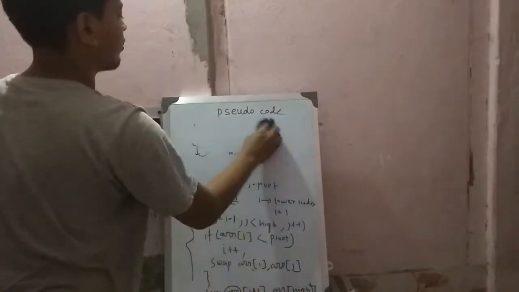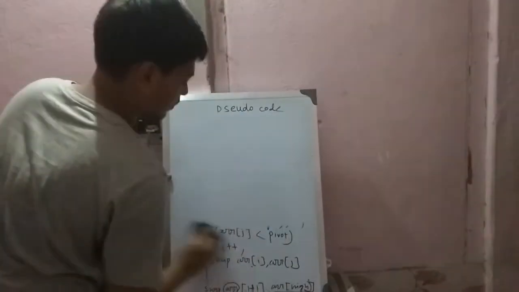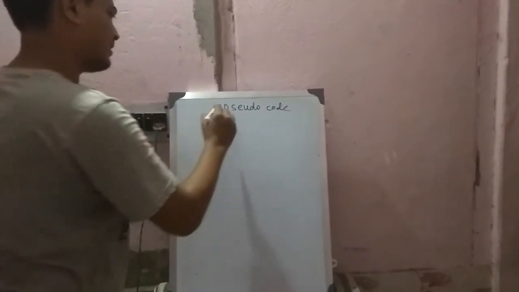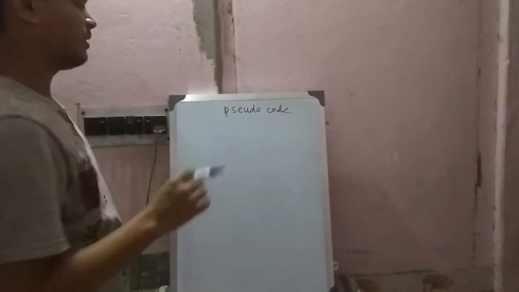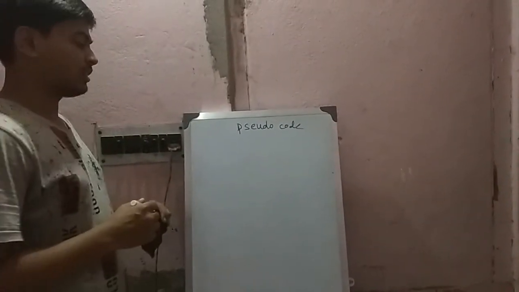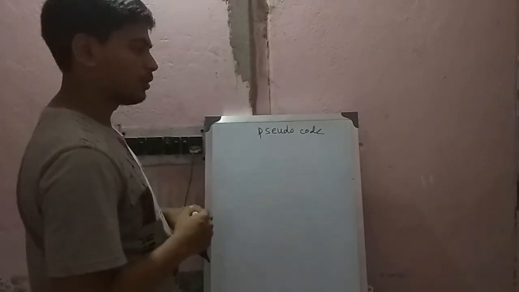So let's discuss the time complexity of quicksort. You see, there are three major options for me to select the index. So how?